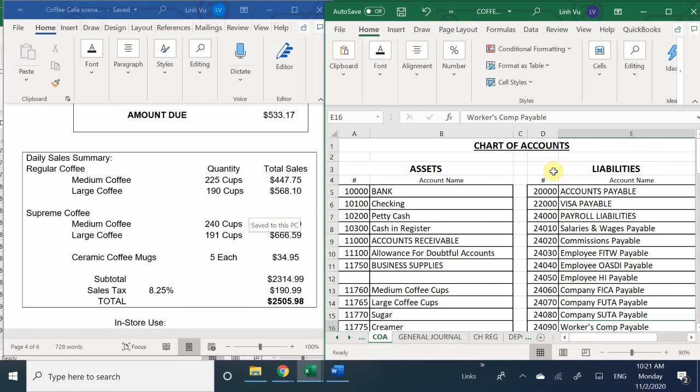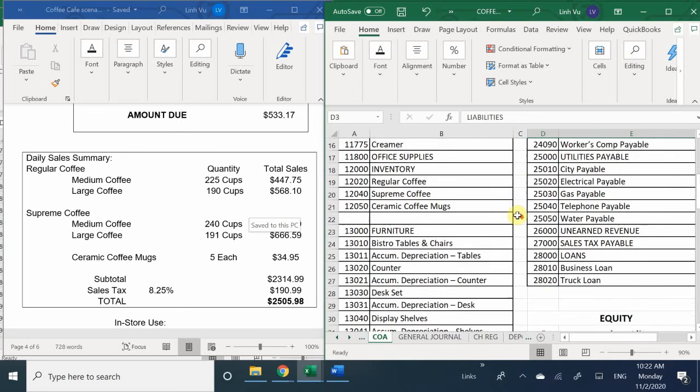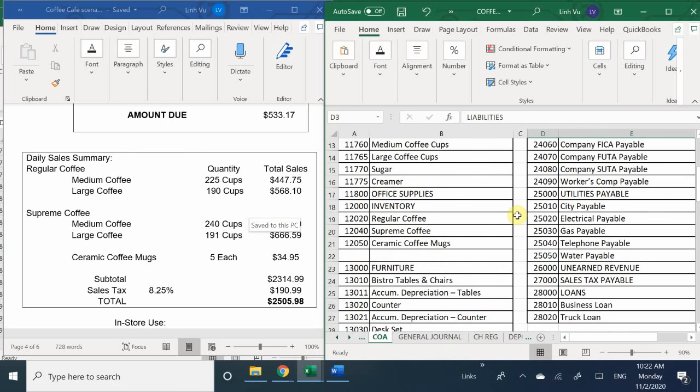Can you see her screen? Do you see the word that starts with an L? It's right above. My liabilities. There you go. Yes. All right. So if I owe it, what is going to be my account number for sales tax?